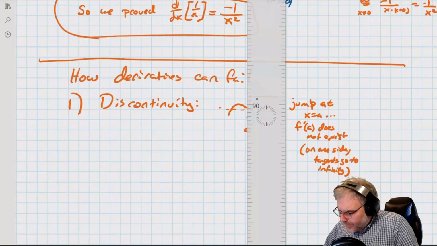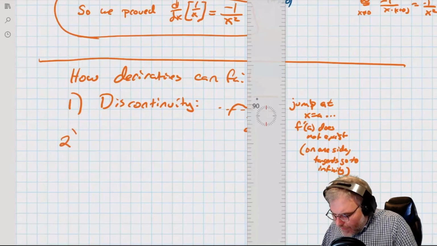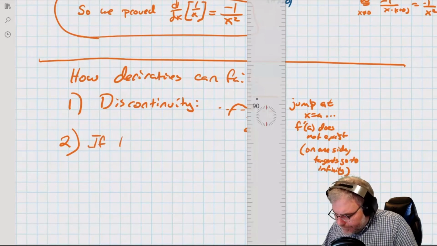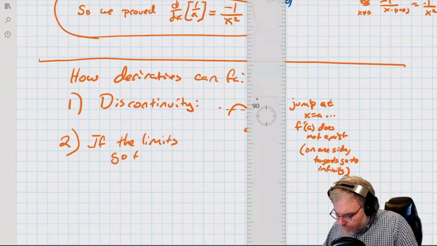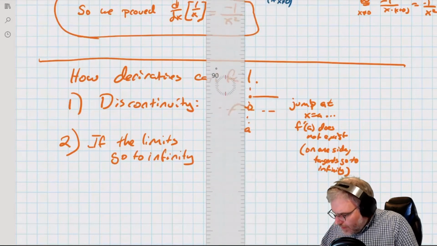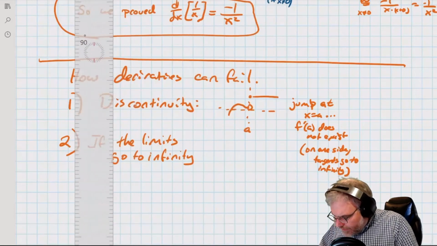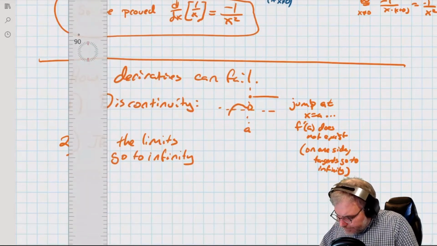Okay? So another way they do it is if they go to infinity. So if I've got a situation, if the derivative goes to infinity, it doesn't exist.